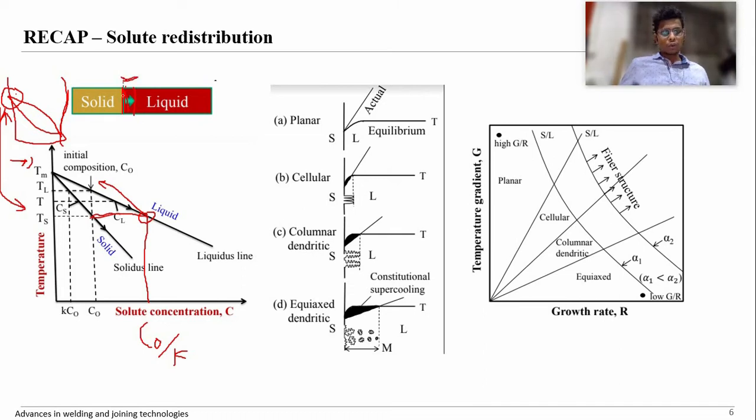Initially at the solid-liquid interface, the concentration is C naught by K, and as I go from the interface into the liquid phase, there is a mushy zone where the solute concentration is reducing and the temperature is increasing, from Ts up to TL, where it becomes constant.